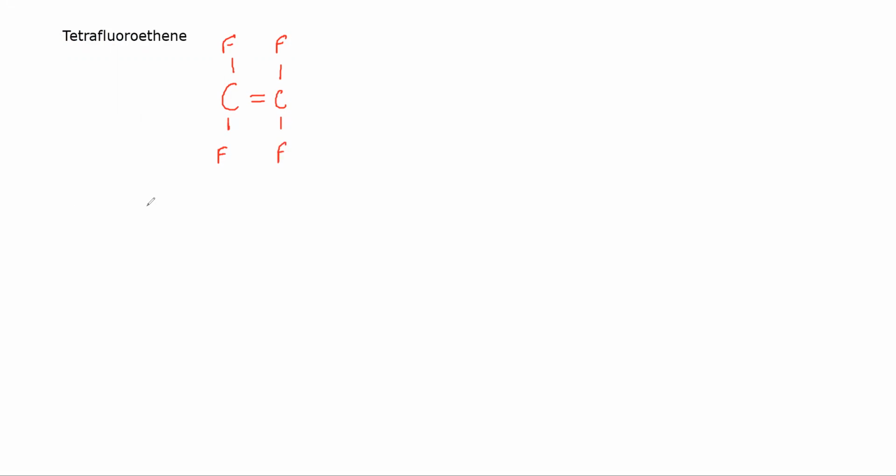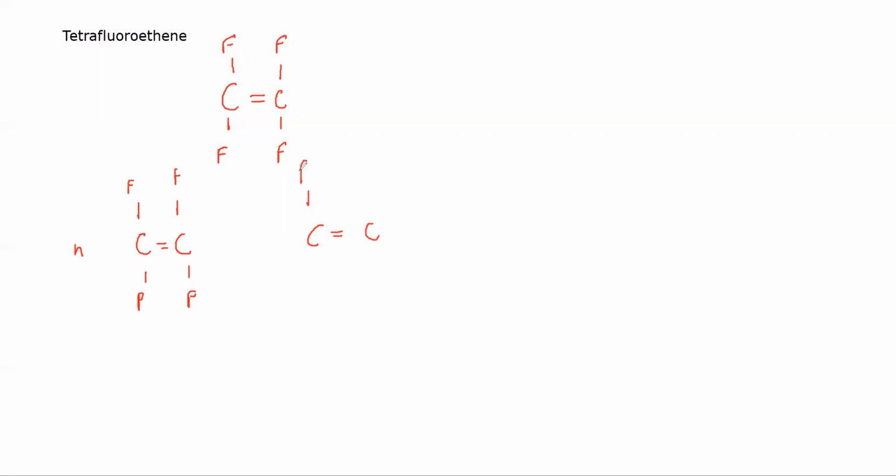When you draw the polymer, first, these are the monomers. Monomers will have a carbon-carbon double bond. This is one. And there will be N molecules.